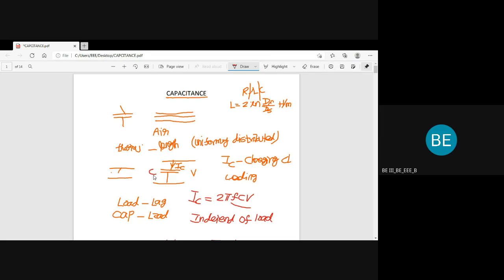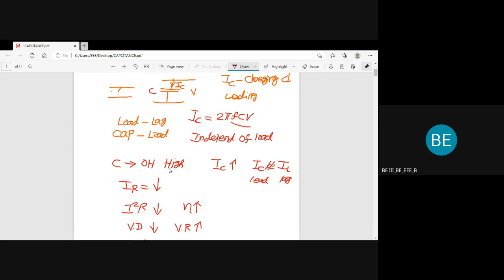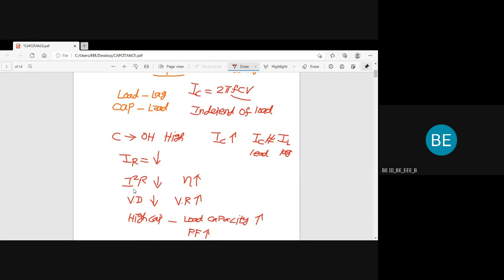If the capacitance is high, what will happen? If the capacitance in the overhead transmission line is high, the line will draw more charging current. Because of this charging current, it equalizes or cancels the current drawn by our load. So the resultant current will reduce, which in turn reduces the losses, which means the efficiency will be improved.